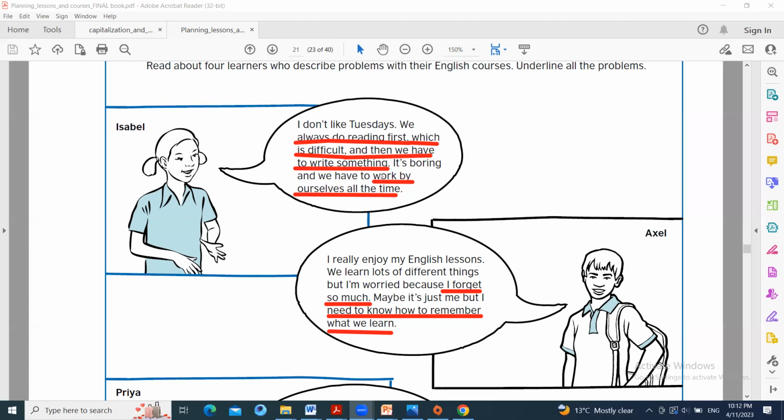Another advice for the teacher, you can plan for a variety of interaction patterns. For example, pair work or even group work, etc. Let them do something together, not by themselves, or even individually.